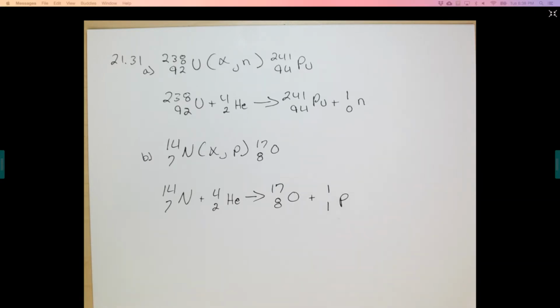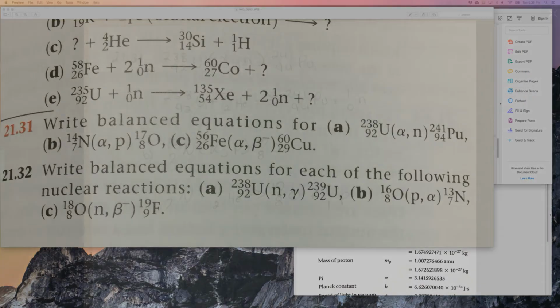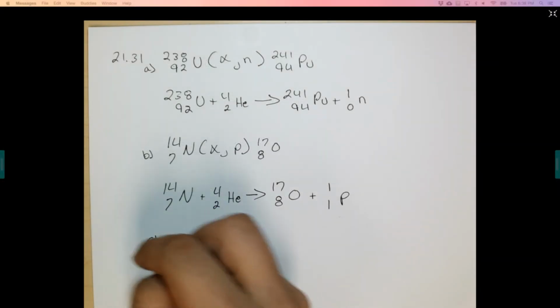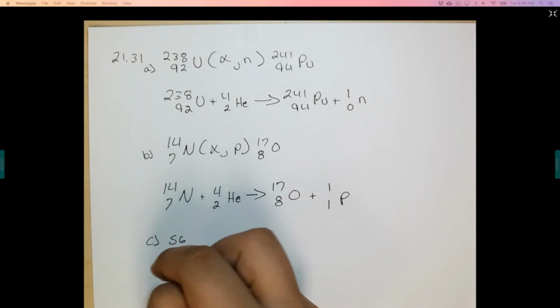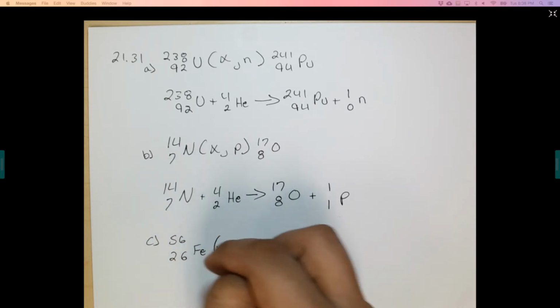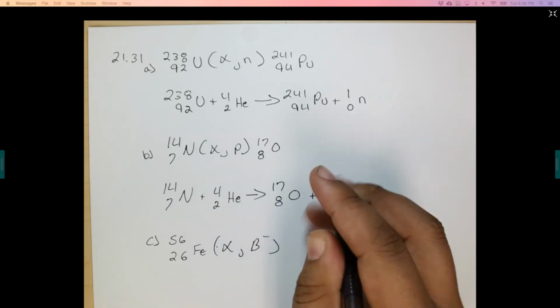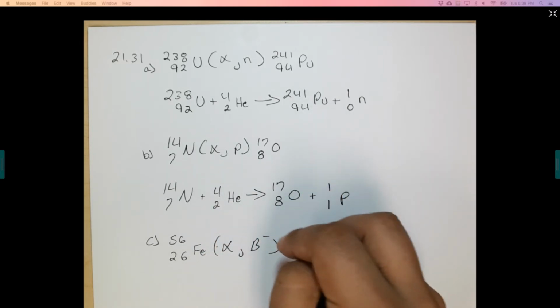All right, and the last example for this particular equation and transmutations is going to be iron 56 bombarded with an alpha particle to create copper 60 and a beta particle. So we see, we have 56 26 iron, alpha particle to create beta particle and copper 60.